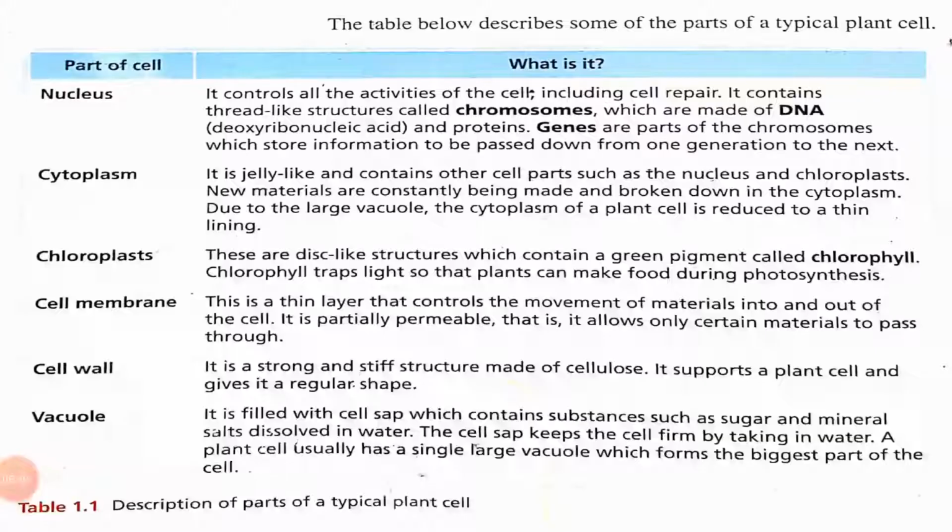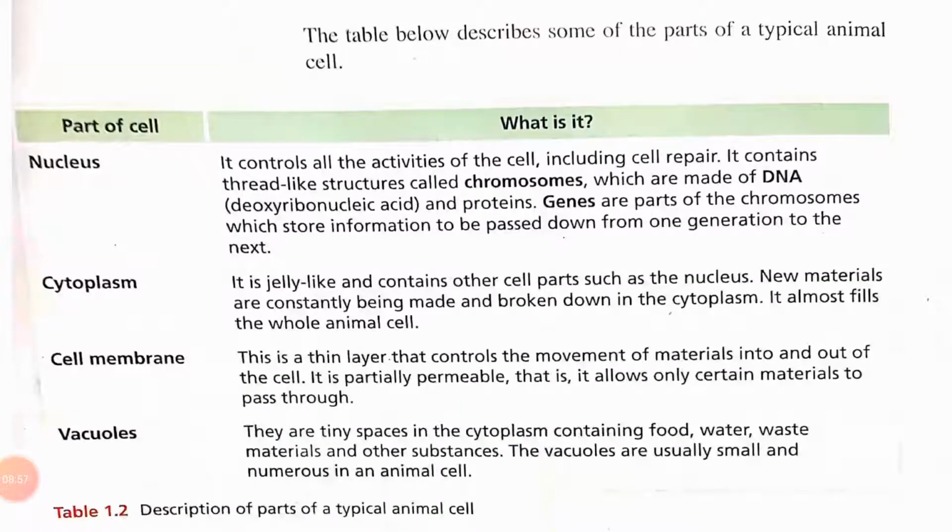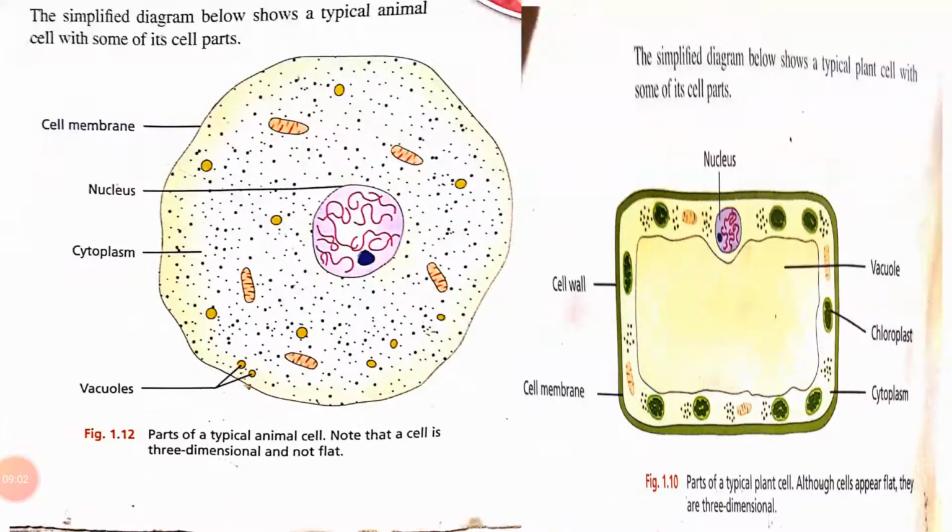This diagram represents the organelles present in the plant cell, and here are the animal cell organelles. Here you can differentiate between the plant and animal cell diagrams. This diagram shows the plant cell and this diagram shows the animal cell.